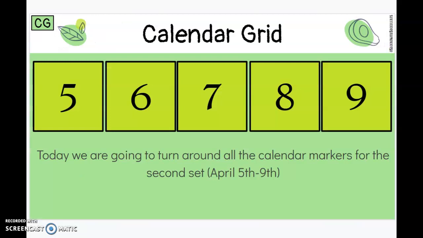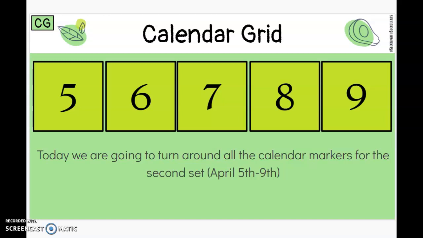Today, we are going to turn around the next set of our calendar markers for April 5th through 9th. As we turn them over, we are going to be thinking about what we notice and what might be on the next marker. You won't need any materials today.